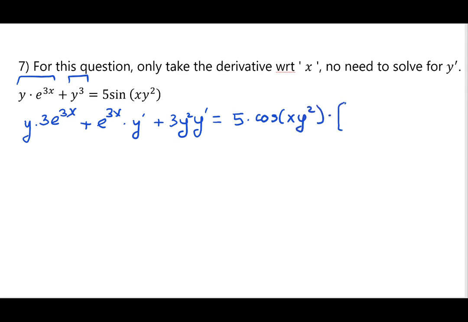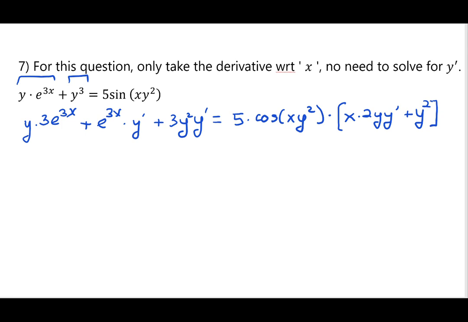The derivative of the inside is x times y squared, and we need a product rule for that. So it's going to be x times the derivative of y squared, which is 2y y prime, plus write the second one, which is y squared, times the derivative of the first, which is 1. So I don't need to write it down.